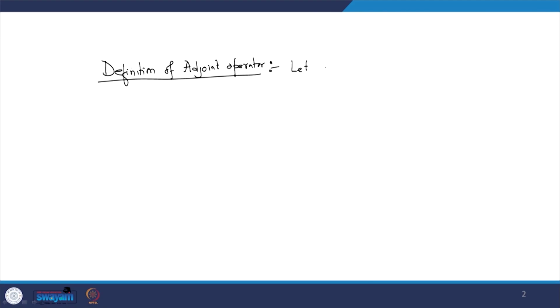Let V be an inner product space (IPS) over a field capital F. It may be real or complex.